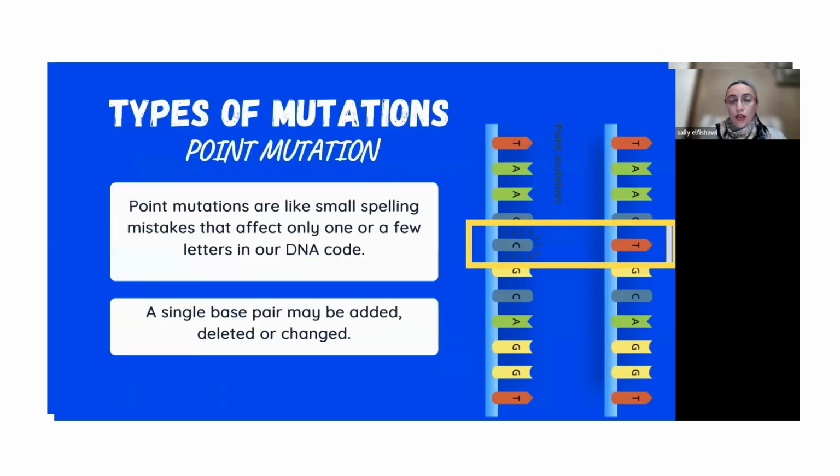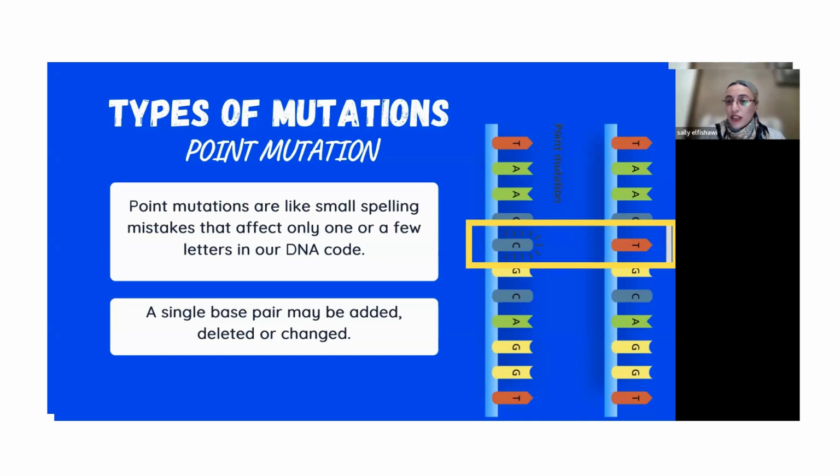The first type of mutation is the point mutation. As you can see here, it's a substitution mutation where the T is replaced by the C. Think of it as a spelling mistake in the sequence of the DNA.